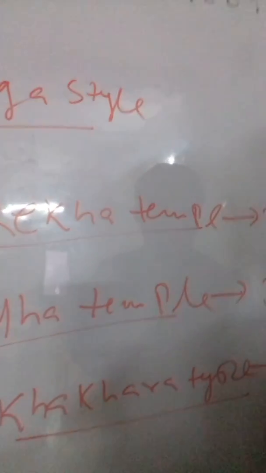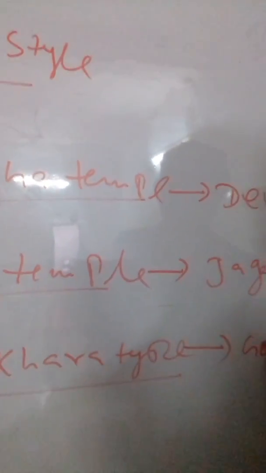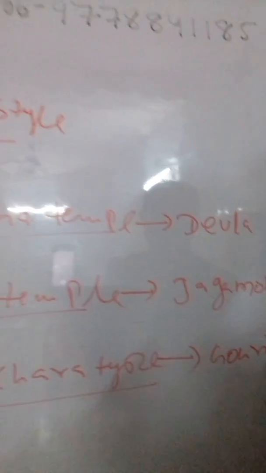And the Khakra type of temple has a semi-cylindrical shape, as you see in the Gauri temples or the Shakti temples. In these types of Khakra temples, the structure is semi-cylindrical in nature. So the example of the Khakra type of temple is the Gauri temples.